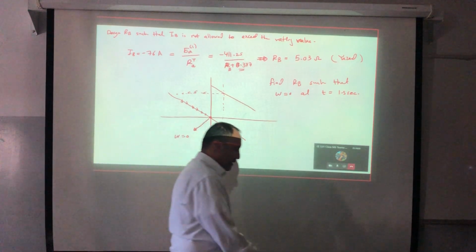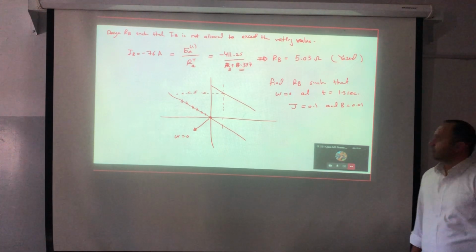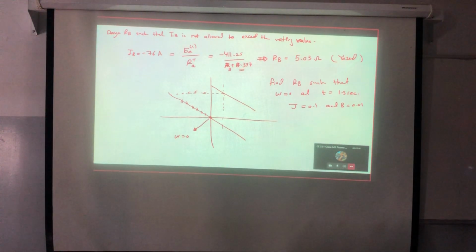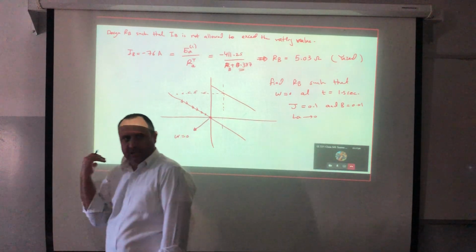To do so, I will give you J equal to 0.1 and B equal to 0.01. So the time constant here will be 0.1. To make it easy, I will assume that LA goes to 0, which means that I don't need to care about the dynamics of the electrical part.